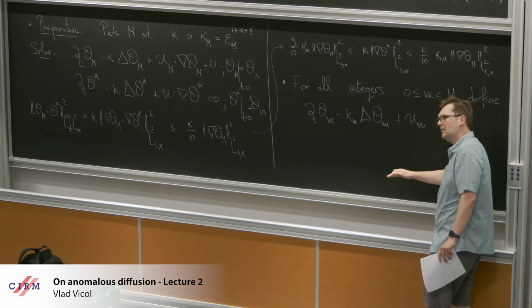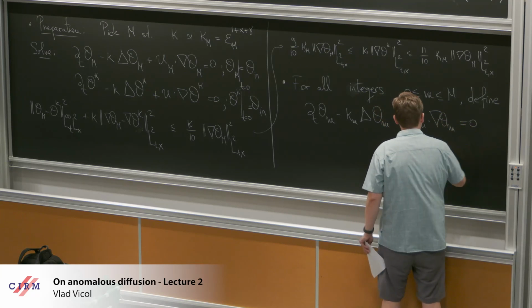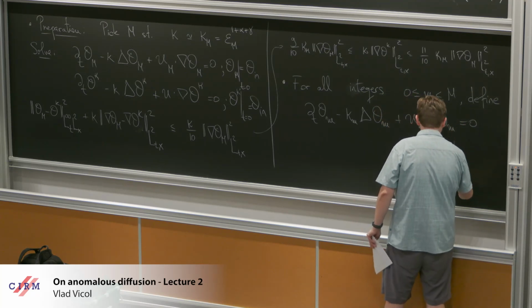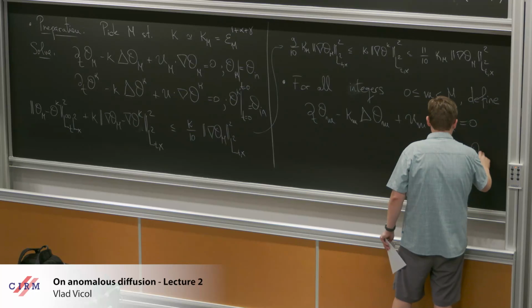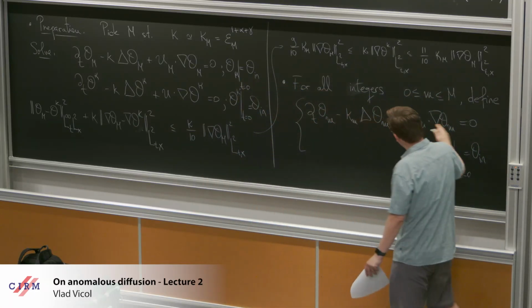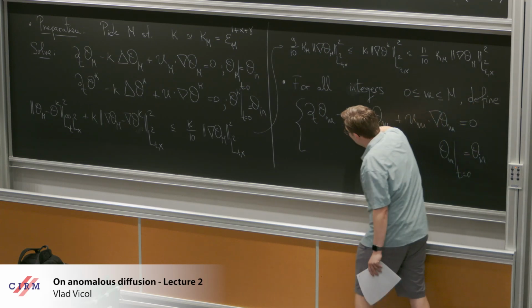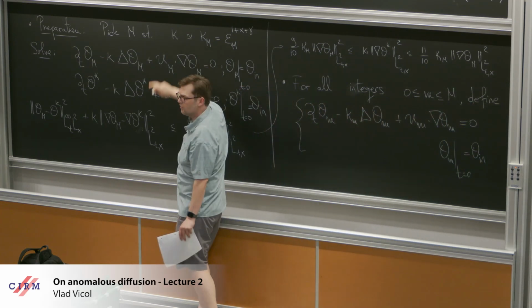So you keep erasing features from the vector field. But you keep the same data. Okay? So in particular, theta capital M is exactly this one, because kappa capital M is exactly your old kappa.